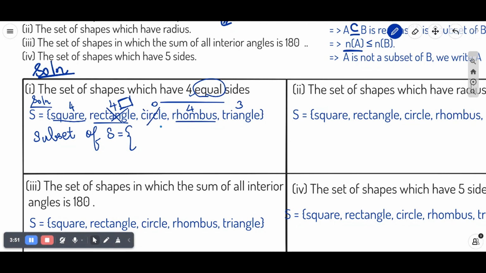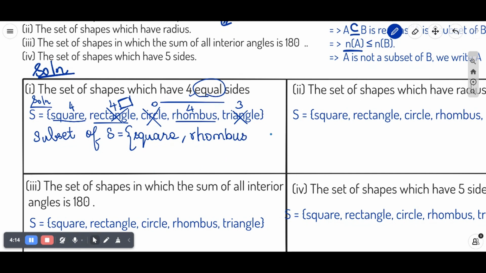In a circle, there are no sides. In rhombus and square, we have 4 equal sides, and triangle doesn't have 4 sides. So the subset of S for the first question is {square, rhombus}.